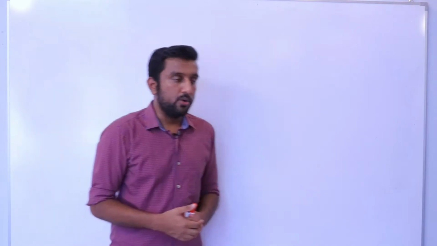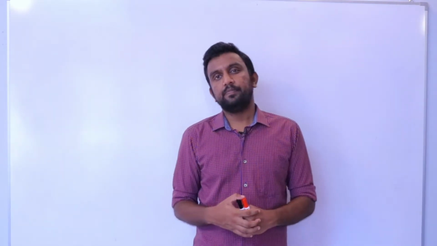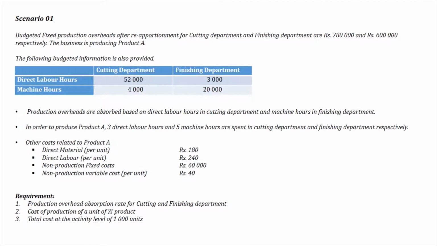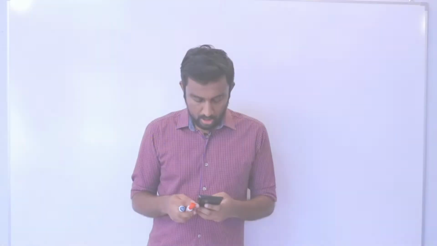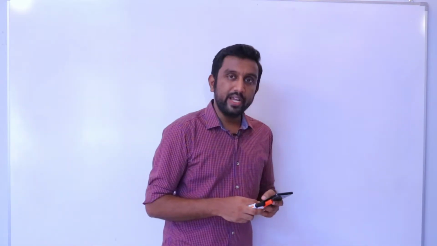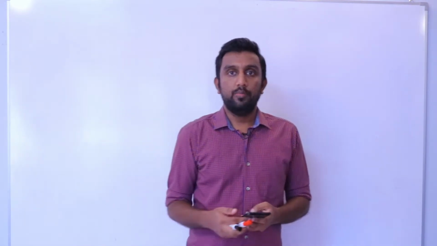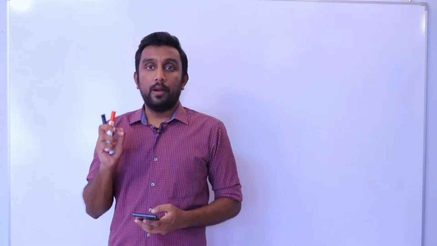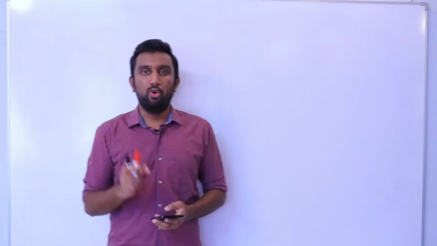So now I'm going to have the first scenario, right? So the first scenario, the requirements are production overheads absorption rate for 2 departments. So we should know that one department should have only one basis and only one OAR.